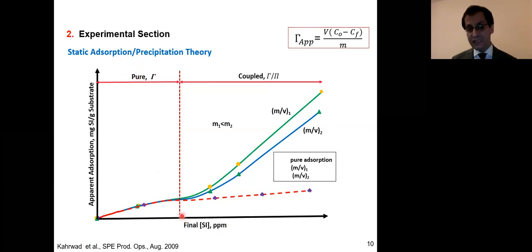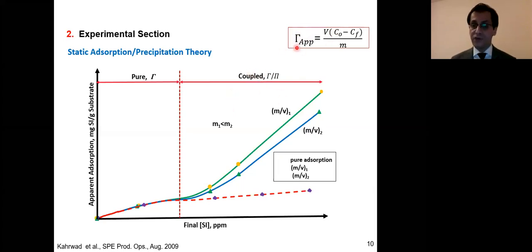However, after a specific concentration, the lines start to deviate from the adsorption isotherm. It means that the retention mechanism is changing to coupled adsorption and precipitation.